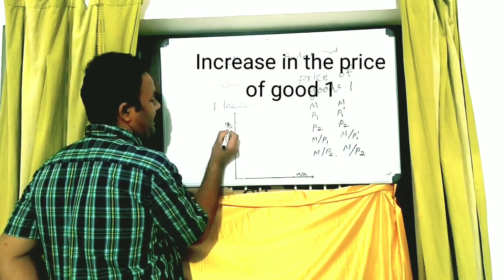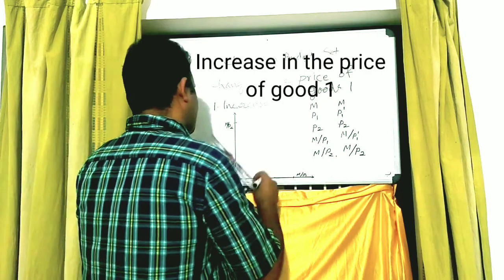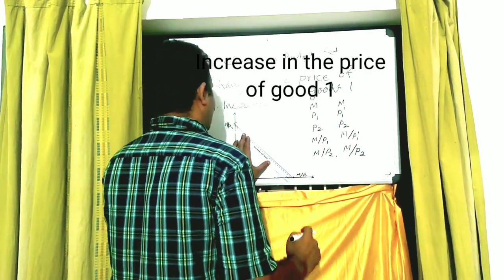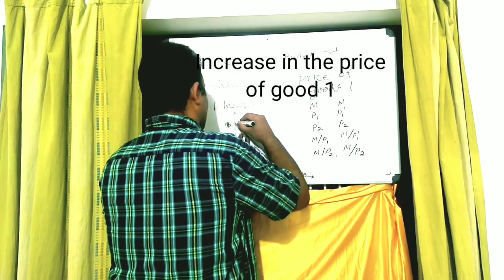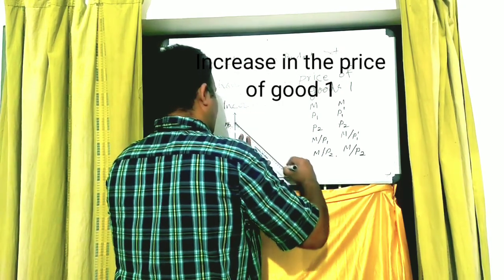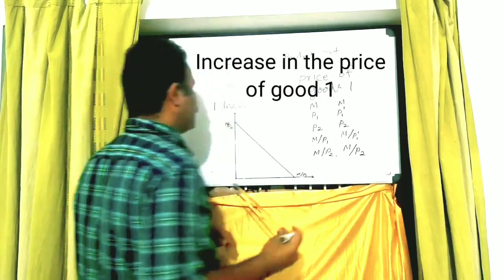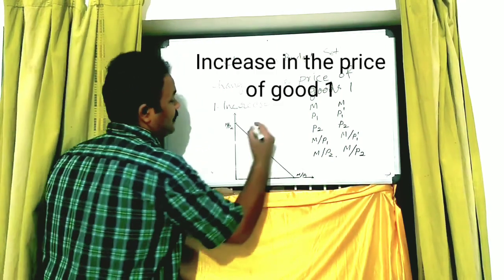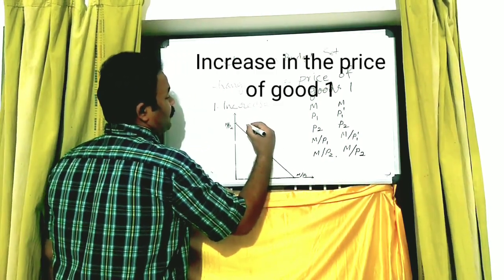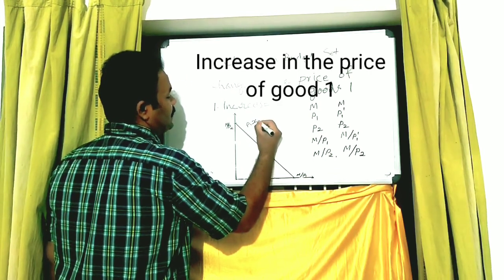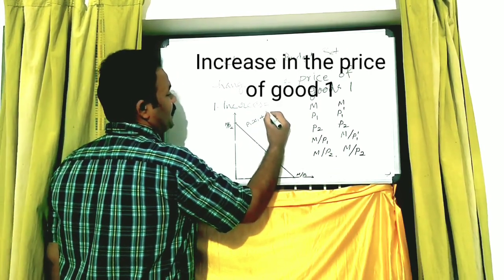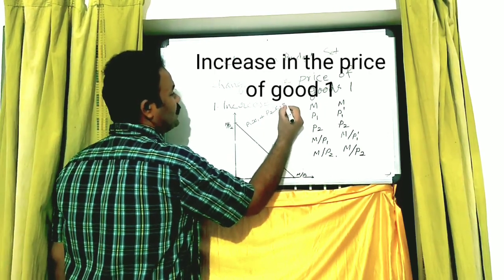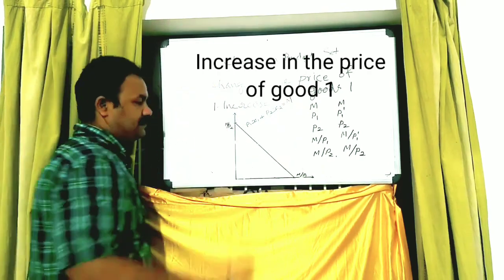While joining these points, we will get a line that is known as budget line here. This budget line represents the equation P1 x1 plus P2 x2 is equal to M.